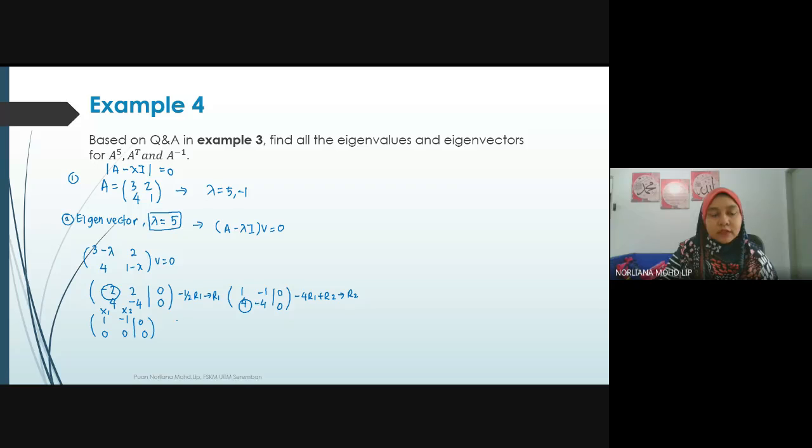So the free variable is x2. x2 equal to a, any real number, and x1 equal to x2 equal to a.